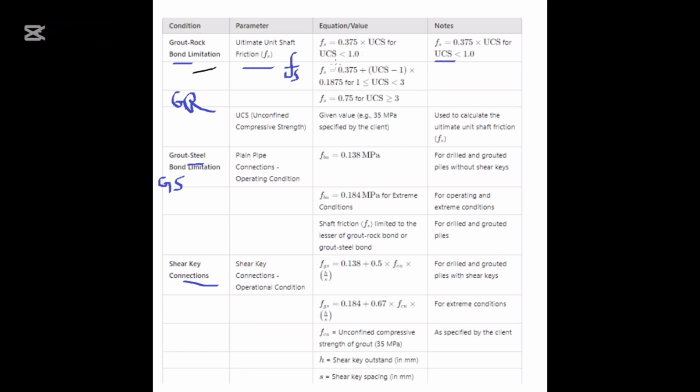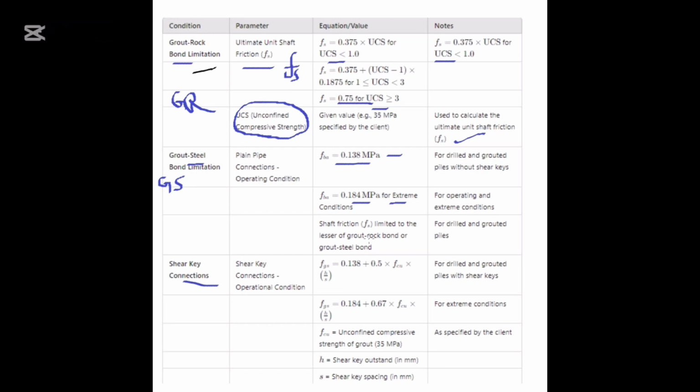FS values change depending on the UCS value, and it is capped at 0.75 if it is greater than 3. And unconfined compressive strength is also an important value used to calculate the unit skin friction. For the plain pipe connections, 0.138 and 0.184 vary for operating conditions and extreme conditions.